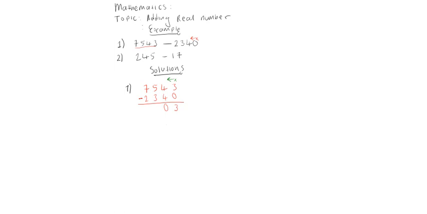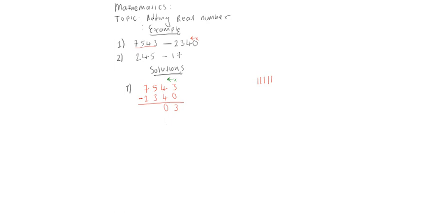Now what is 5 minus 3? From 5 we remove a 3, and it is 2. Let's say we have 5 strokes here: 1, 2, 3, 4, and 5.